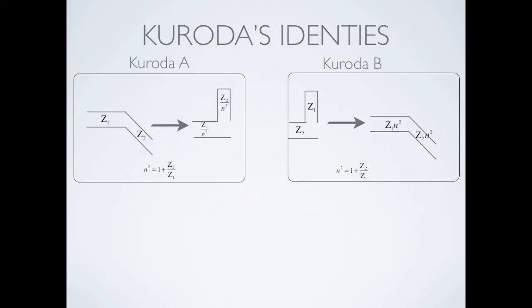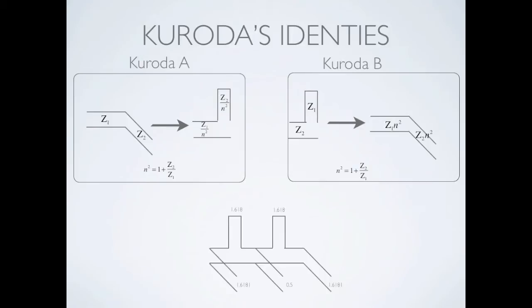Kuroda A tells us that a unit element coupled with an open circuit stub can be represented as a unit element coupled with a short circuit stub scaled to a factor of 1 over n squared of its original impedance, where n squared is equal to 1 plus Z over Z1, and Kuroda B is just the inverse of Kuroda A.